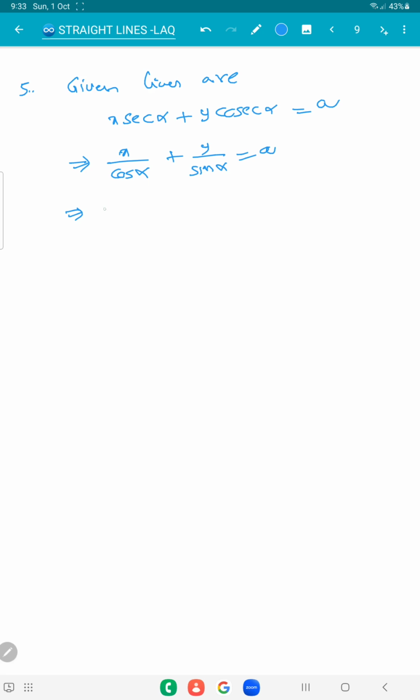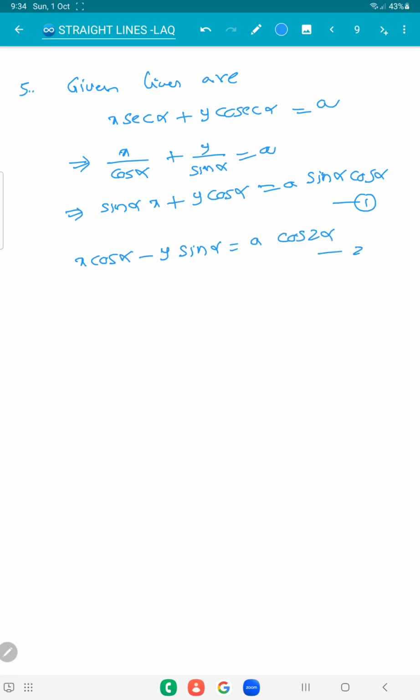Take LCM sin alpha cos alpha: x sin alpha plus y cos alpha is equal to a sin alpha cos alpha. Let it be 1. One more equation is given: x cos alpha minus y sin alpha equals a cos 2 alpha. Let it be the second equation.